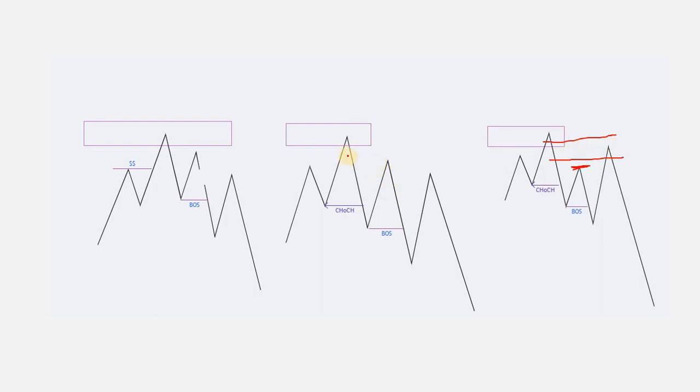In this case we assume that the liquidity has been cleared, so there is no liquidity per se that needs to be cleared resting above it. That is why you can decide to take the trade here. So these are just several scenarios that you can actually look at.